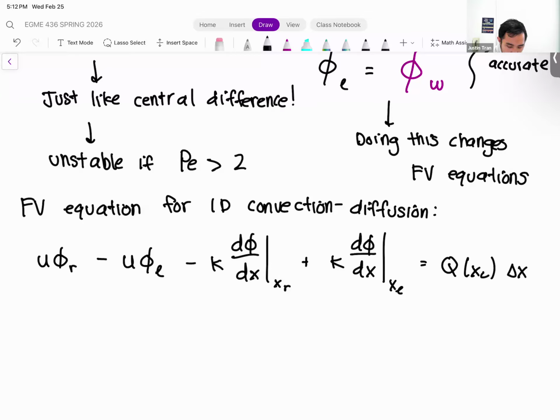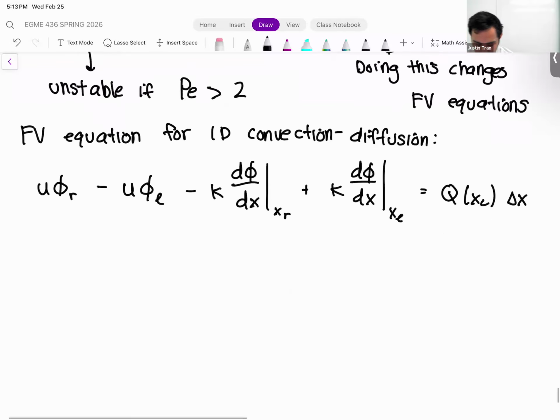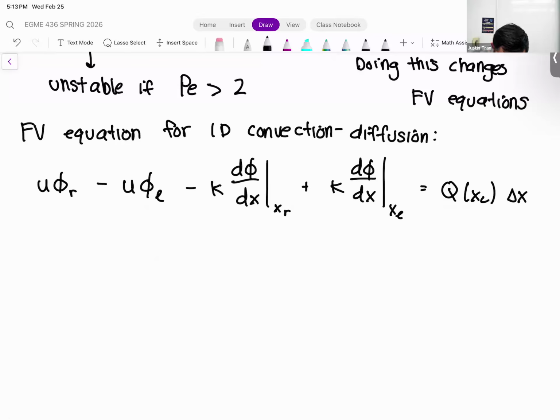All right, so let's plug in our upwinding values for phi sub r and phi sub l. Remember, our diffusion terms don't change, so the central difference is always the best for diffusion. So we get u times phi sub r, which is now phi sub c for the case of a positive velocity, minus u times phi sub w for phi sub l, minus k.